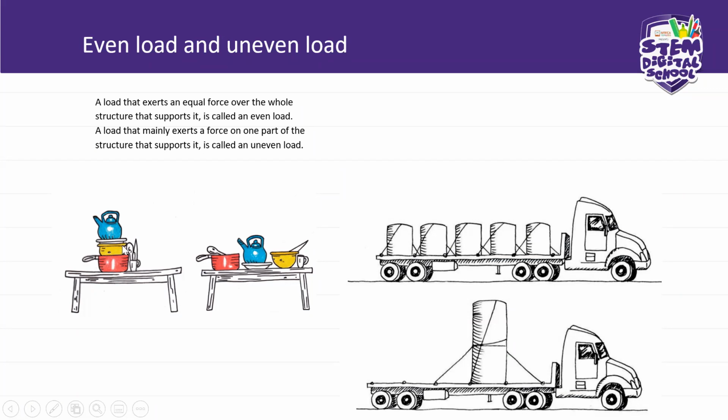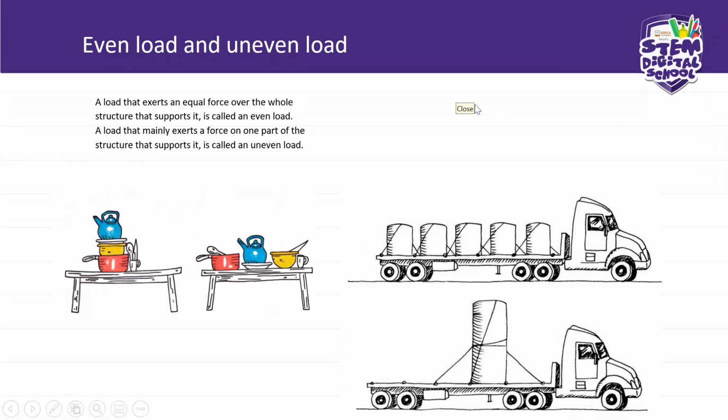This load, where you have stacked pots, is it an even or an uneven load? The first table with a stack of pots, is it an even or an uneven load? Why do you say so, Tando?